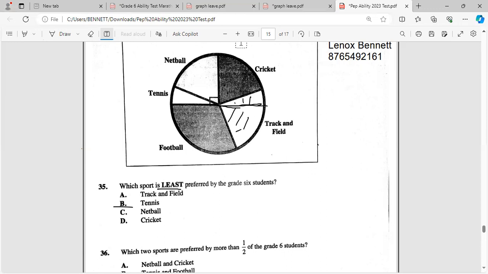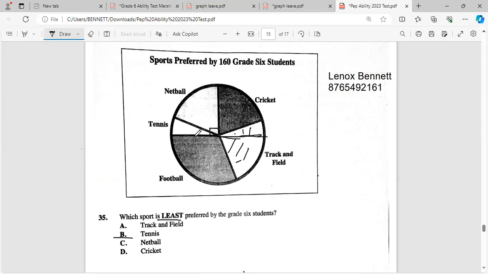So all of that should be 40. Tennis is a smaller amount and netball is a larger amount, so tennis plus netball equals 40. That means tennis might be 10, since it said that netball is 3 times tennis. So tennis is 10. That is exactly it, guys.